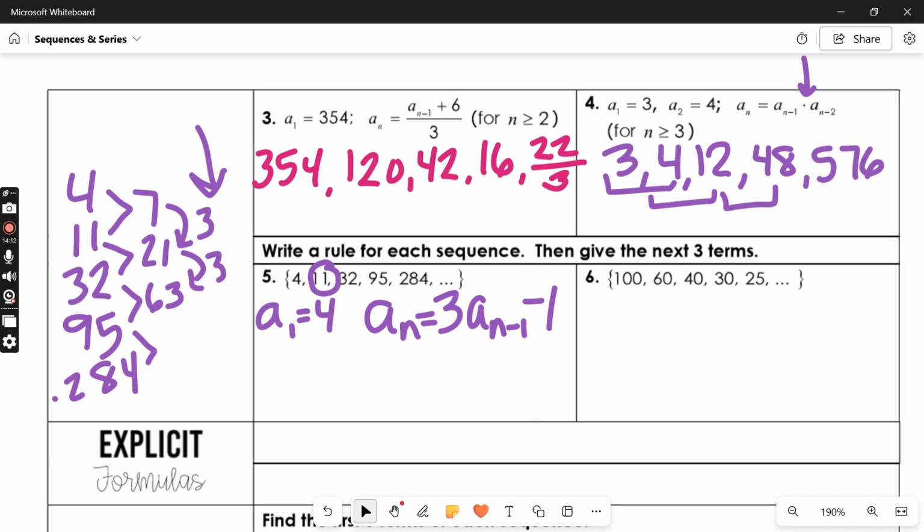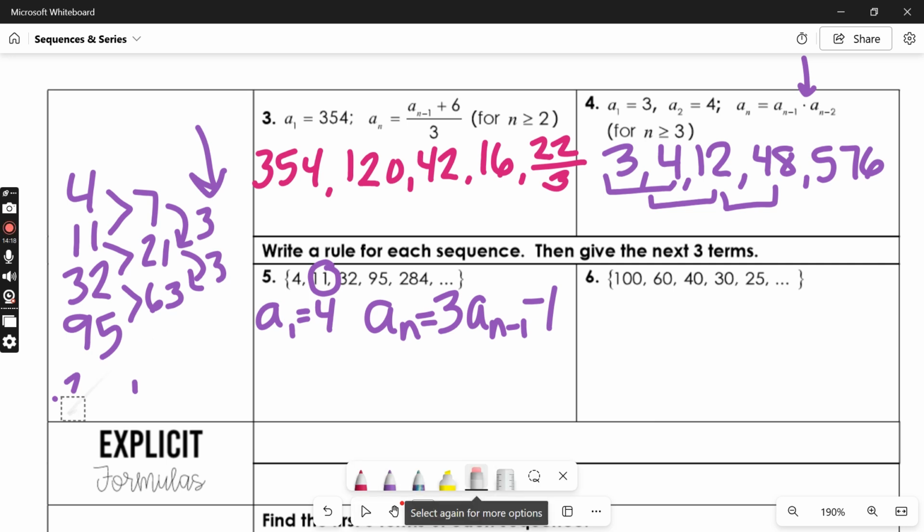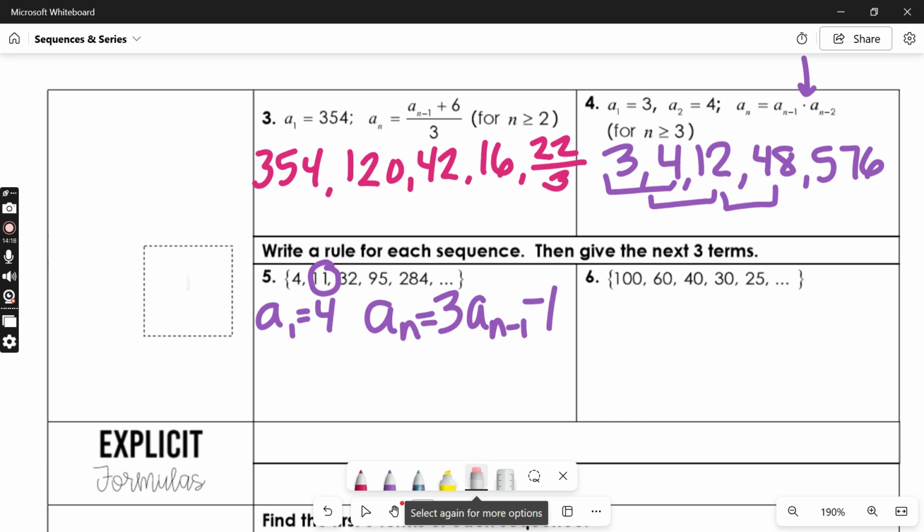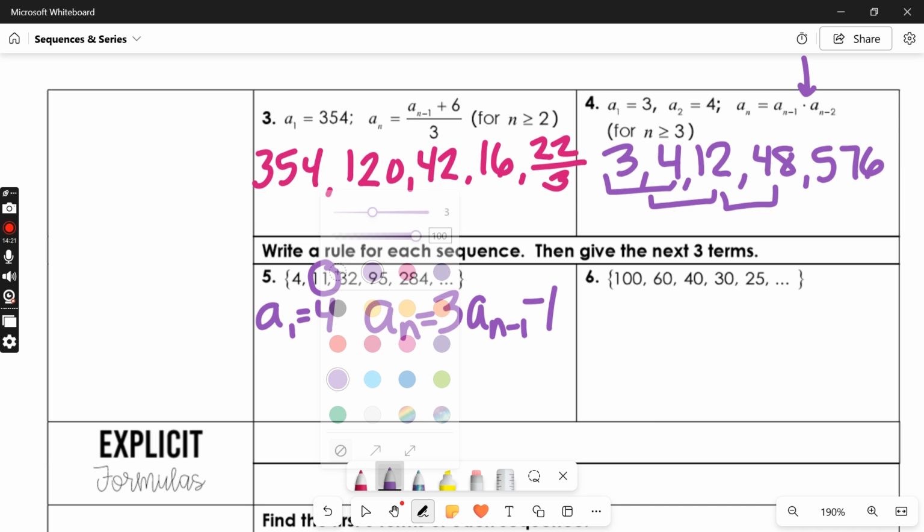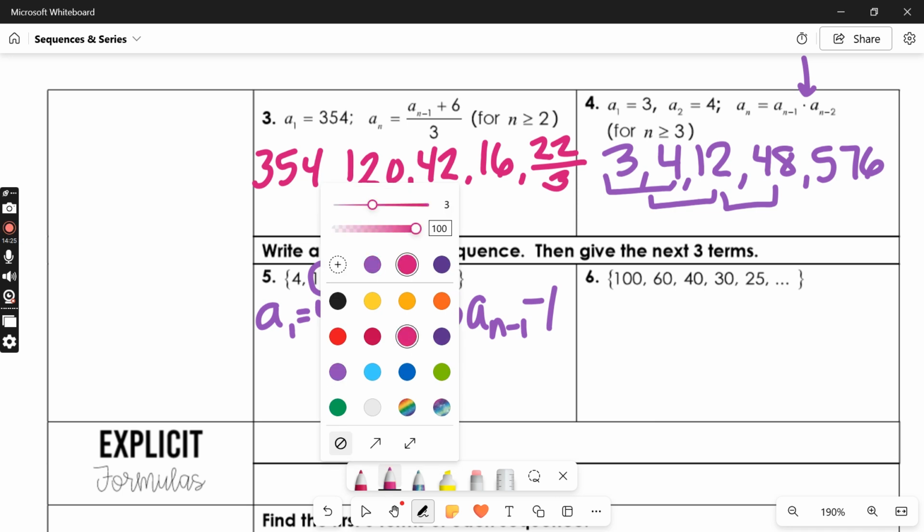Okay, let's look at the next one. I'm going to erase this so I have some room. Okay, I have 100, 60, 40, 30, 25.